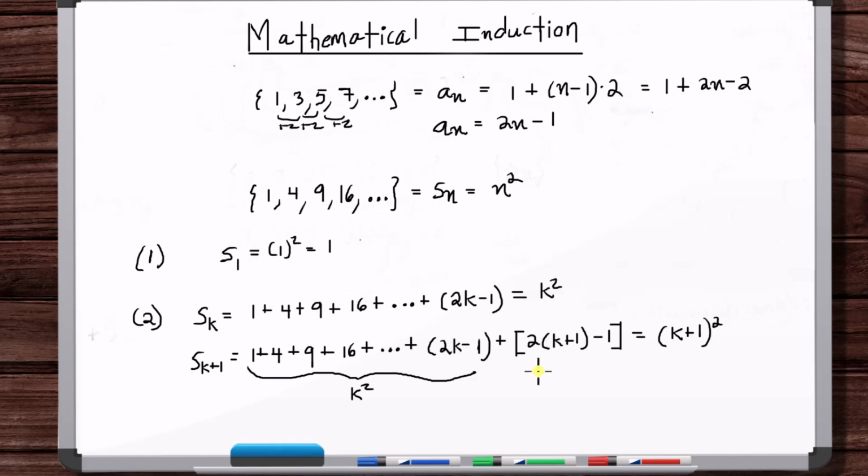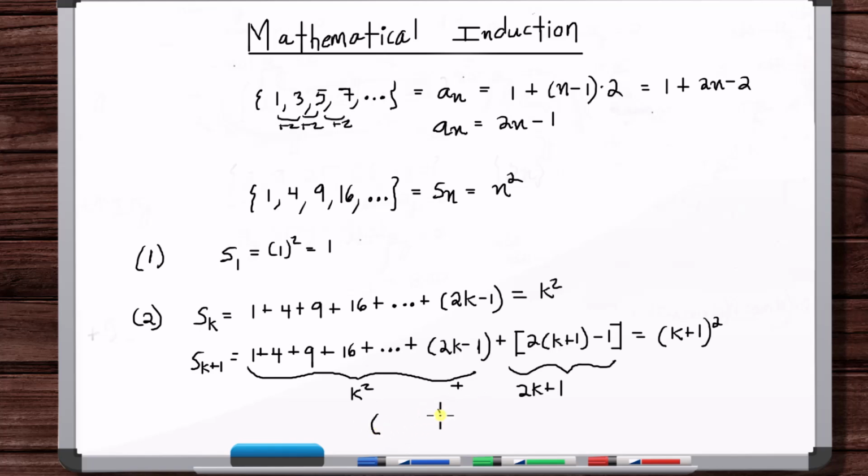Now let's simplify this. You've got 2k plus 2 minus 1, so 2k plus 1. So k squared plus 2k plus 1.